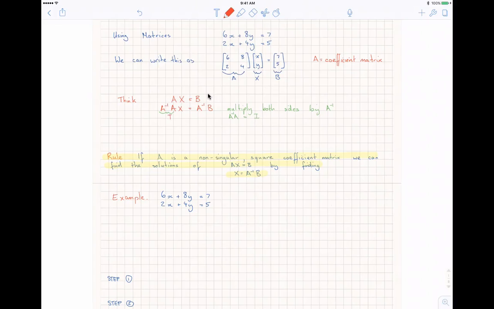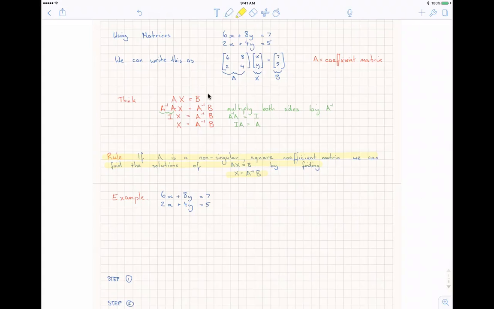So we have here the identity matrix times X equals A inverse times B. We also know that if we multiply the identity matrix by any matrix, we just get back the same matrix. So the identity matrix times X is just going to give us X. And we're now left with a way to find a solution for X.